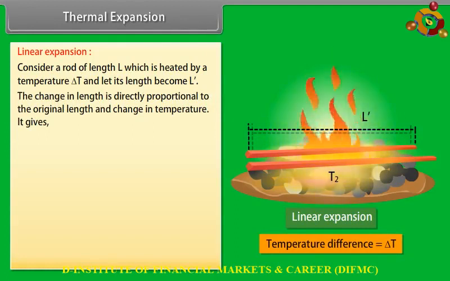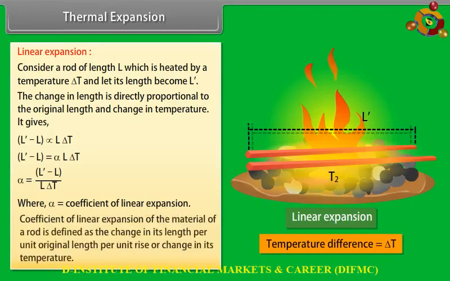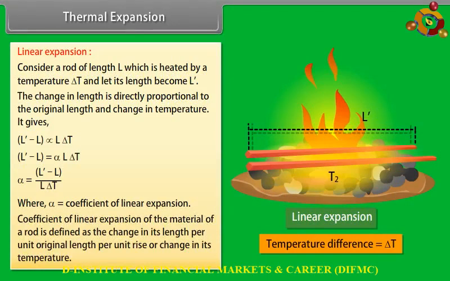It gives L dash minus L is directly proportional to L delta T, or L dash minus L is equal to alpha L delta T. Value of alpha is equal to (L dash minus L) upon (L delta T), where alpha is the coefficient of linear expansion. Coefficient of linear expansion of the material of a rod is defined as the change in its length per unit original length per unit rise or change in its temperature.